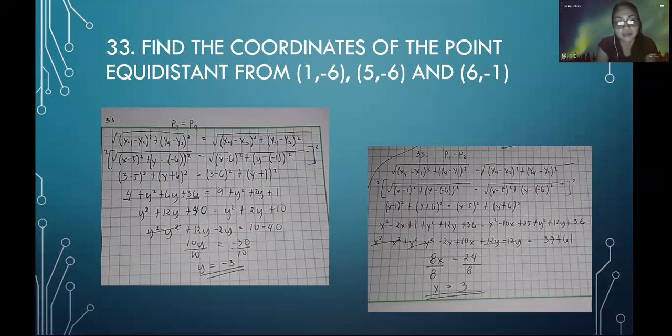So y squared plus 12y plus 40 is equal to y squared plus 2y plus 10. Then combine like terms: y squared minus y squared plus 12y minus 2y is equal to 10 minus 40. So 10y is equal to negative 40. Then divide both sides by 10. So y is equal to negative 4.